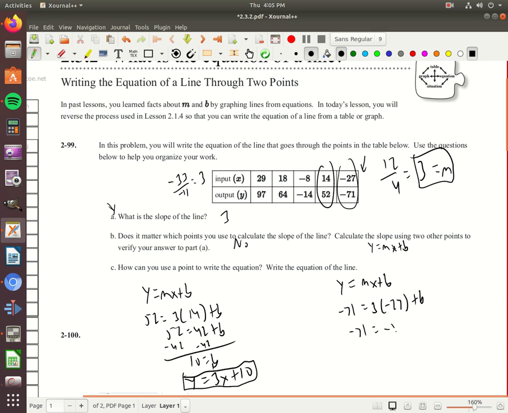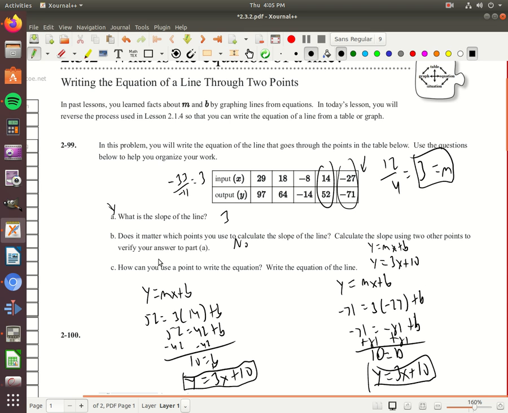So I'm going to get negative 81 plus b. I'll add 81 to both sides. 10 equals b. So again, we get the equation y equals 3x plus 10. So no big deal either way. We get the same equation either way. So the equation is y equals 3x plus 10.